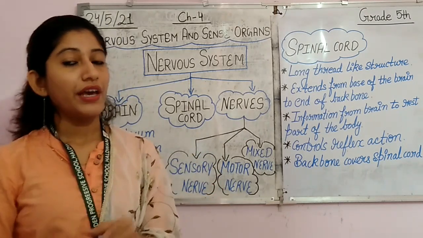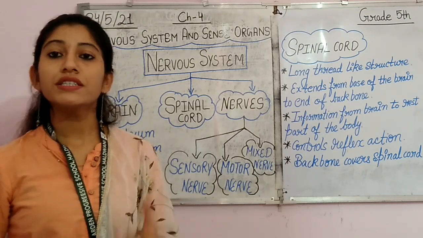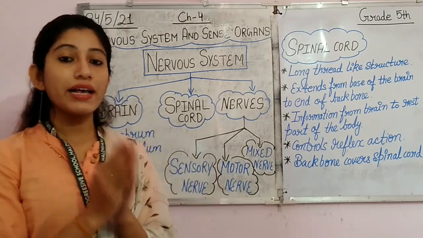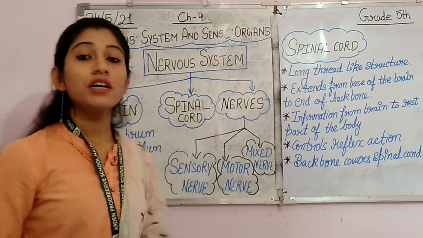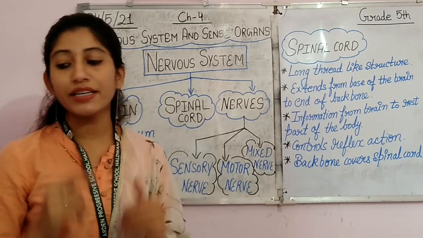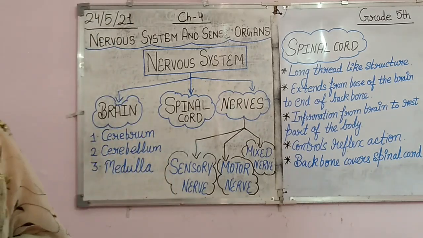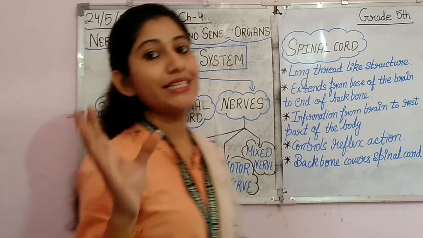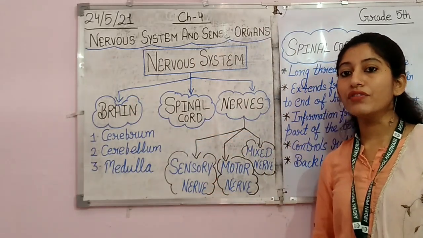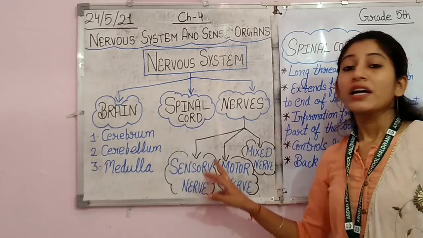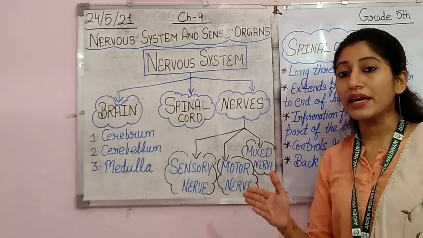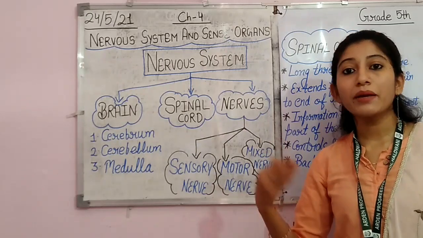I told you that we have three types of nerves: sensory nerve, motor nerve, mixed nerve. As they have different names, according to their names they have different actions. Let's see what these are. Beta, what role do they play? As I told you earlier, nerves play the role of sending messages.